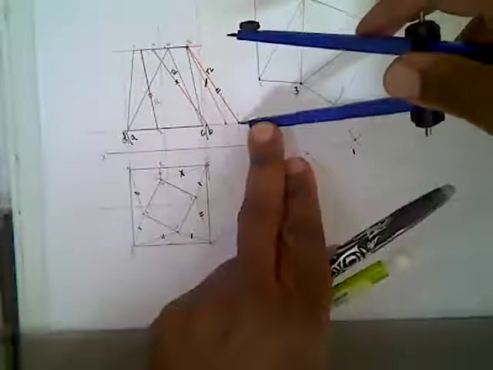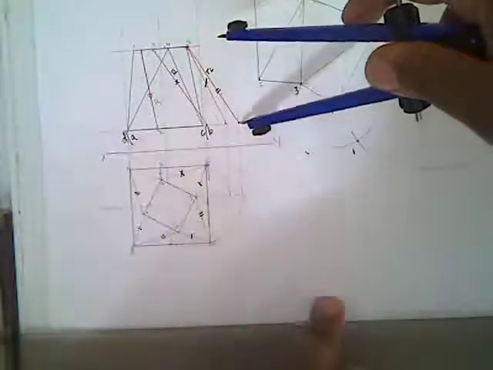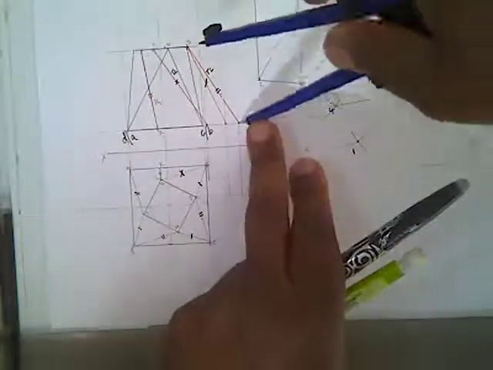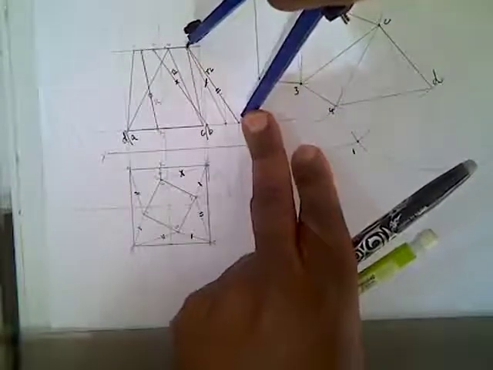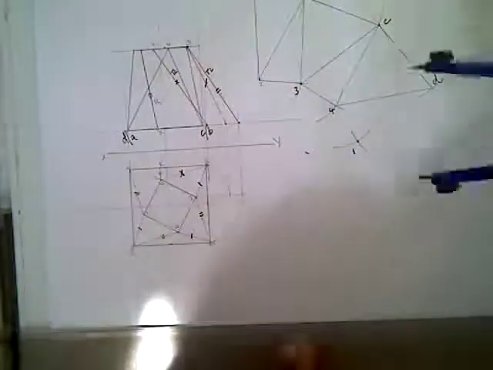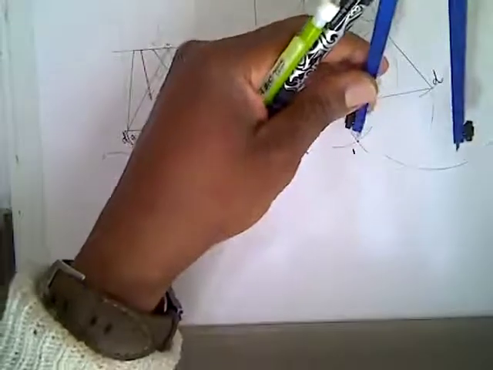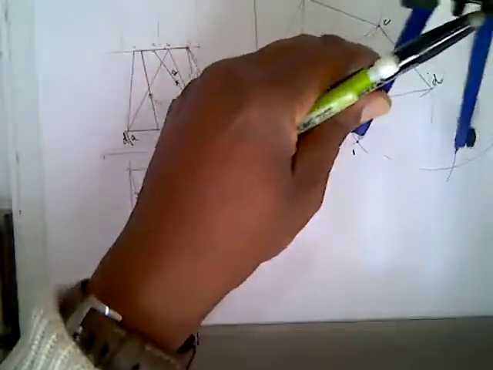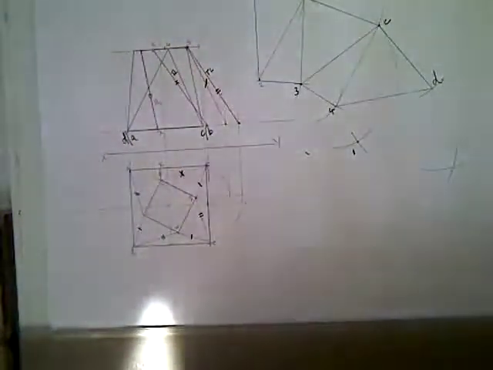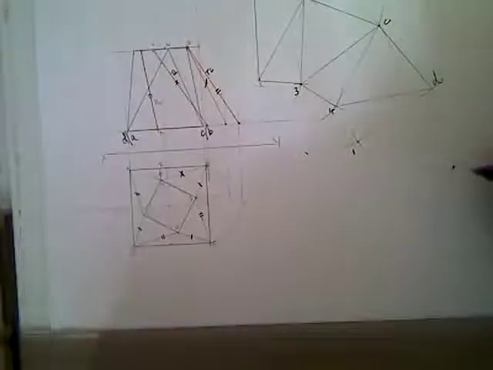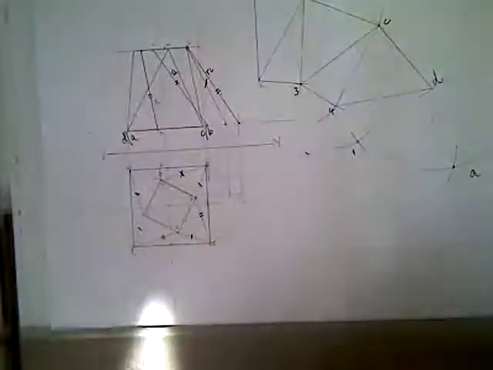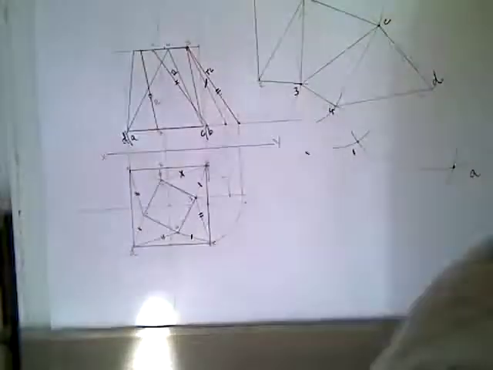1 to A, this and that are the same line. 1 to A is going to be there, which tells me that my A is here. You don't need to spend more time here.